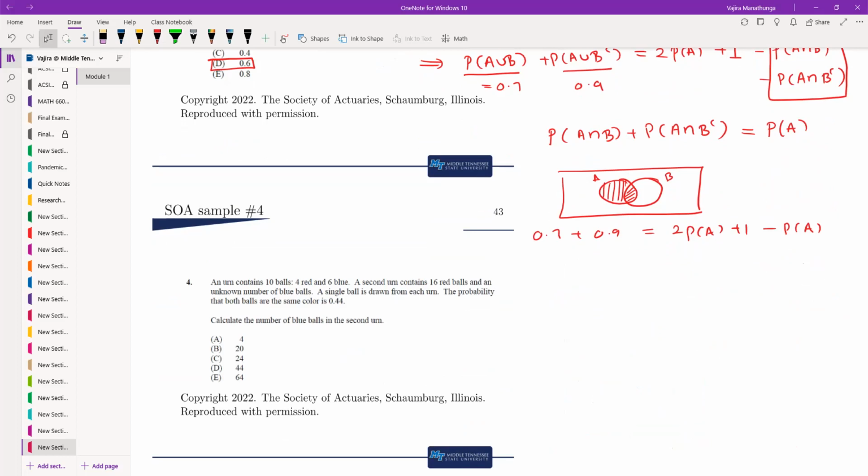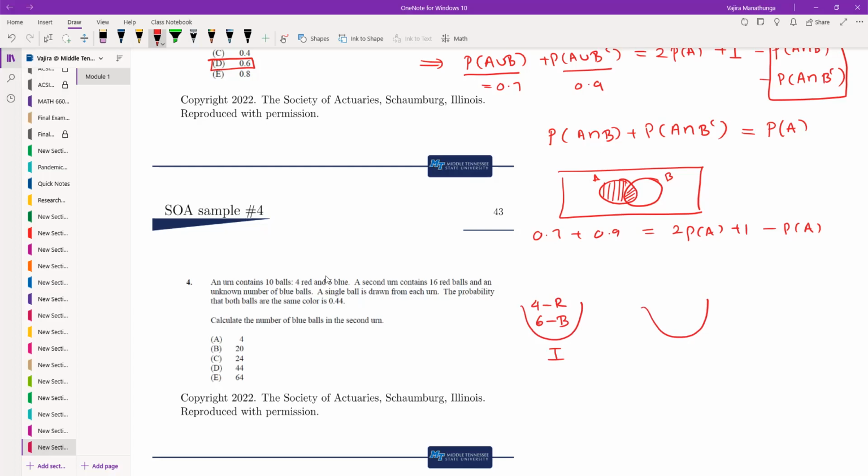In this particular one, the question asks us to find the number of blue balls in a second urn, which is unknown at the time. If you read the question, it says there are 2 urns. The one contains 10 balls with 4 red and 6 blue.